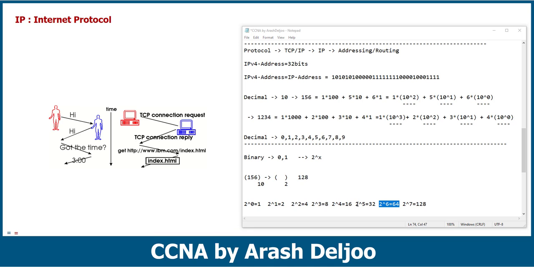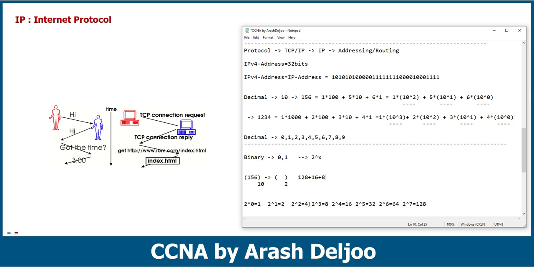But if you use 2 to the power of 5, 32, totally you will have 160. Because of that, I'm not going to use this value, but we can use 16. 128 plus 16 is 144. Again I can add the 8, 152 is the total.